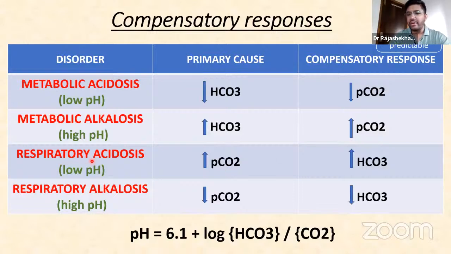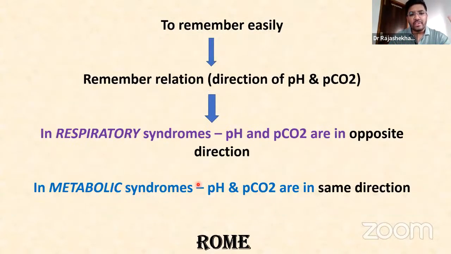Whereas in respiratory disorders, the pH and carbon dioxide go in opposite directions. In respiratory acidosis, the pH is low, whereas carbon dioxide is increased. In respiratory alkalosis, the pH is high, whereas carbon dioxide is low. So both go in the opposite direction in respiratory disorders. To remember easily, the mnemonic here is ROME, that is, respiratory opposite.